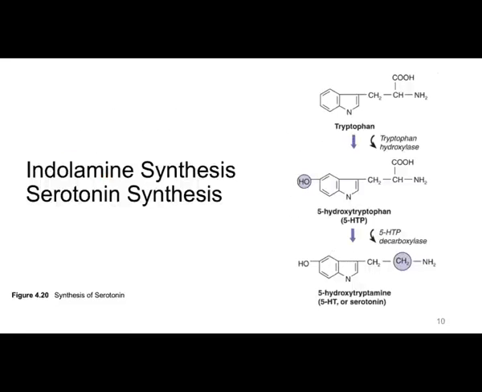Indolamine synthesis is very similar to catecholamine synthesis, but the starting material is tryptophan, not tyrosine. Tryptophan can then be converted into 5-HTP using the enzyme tryptophan hydroxylase. 5-HTP is converted into 5-HT, aka serotonin, using the enzyme 5-HTP decarboxylase.